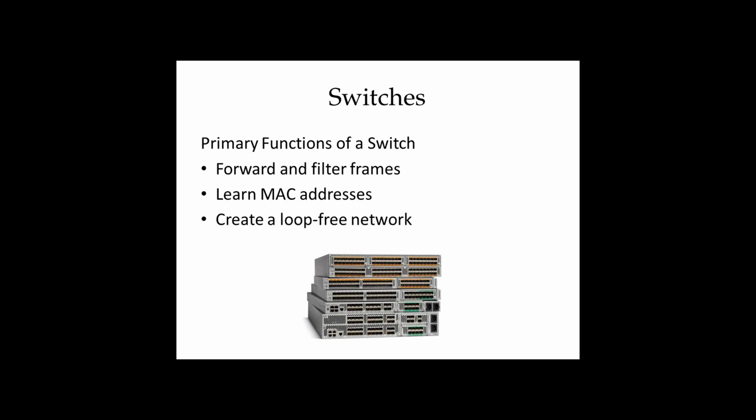Okay, as far as switches, there are three primary functions of a switch. We'll look at each of these in depth: forwarding and filtering frames, learning MAC addresses, and creating a loop-free network. I'll cover the first in the next few minutes. The loop topic is a whole big topic unto itself.